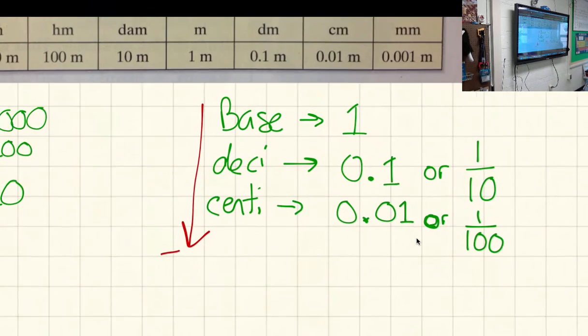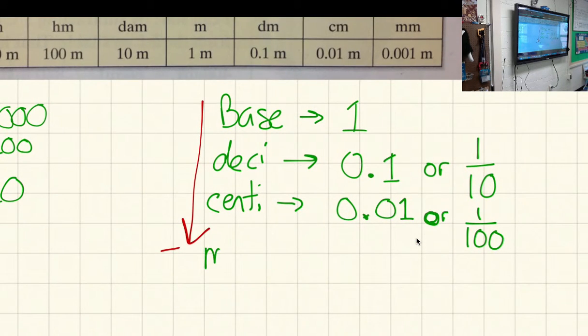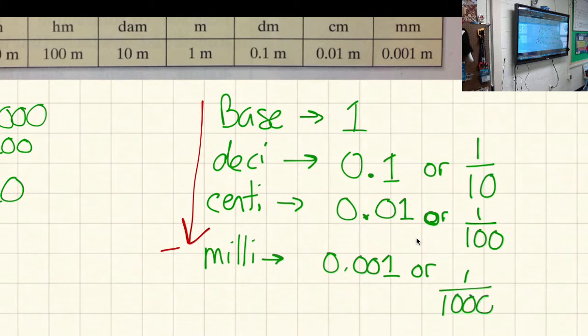Last but not least, milli. Not to refer to the 8th grader. 0.001 or what, Jackson? 1/1000th. The millimeter, that's a very good representation.